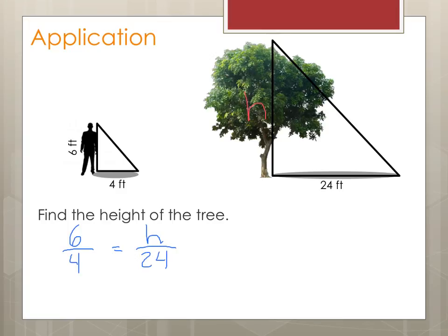Now we can find the cross products. 4 times H is going to be equal to 6 times 24, which is 144.